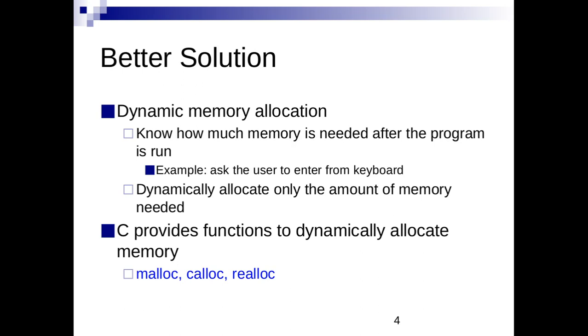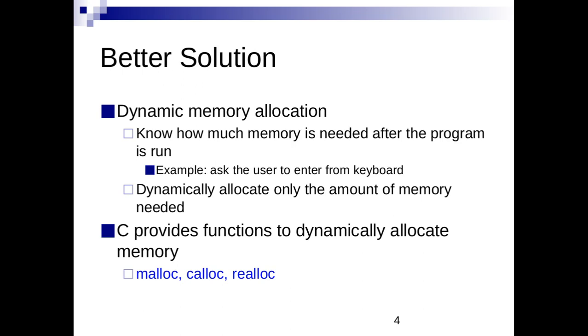The user enters, let's say, 30, but the array allocated is of size 100. So the amount of memory needed can be known only after the program is run, when the user enters through the keyboard the actual number of entries to be stored.